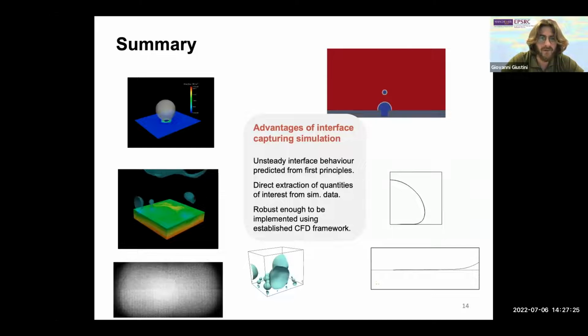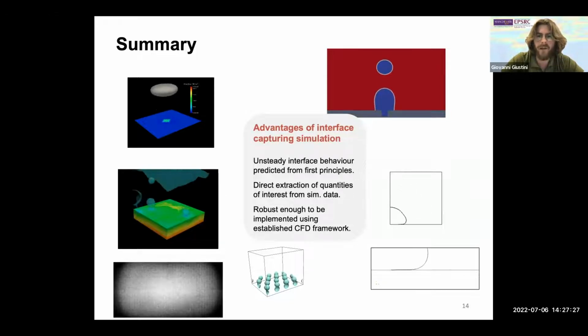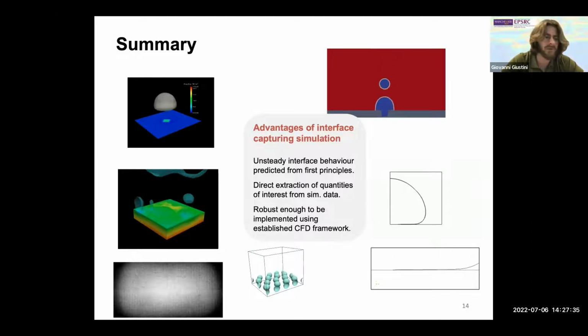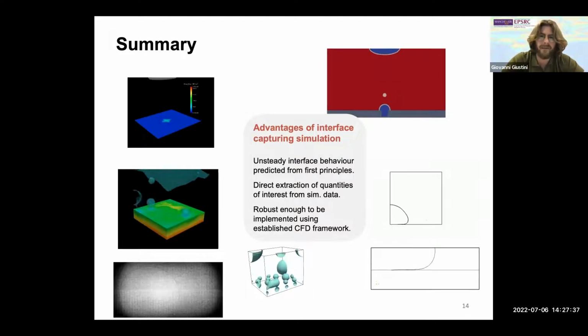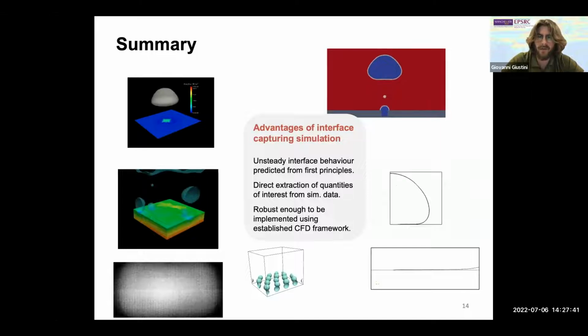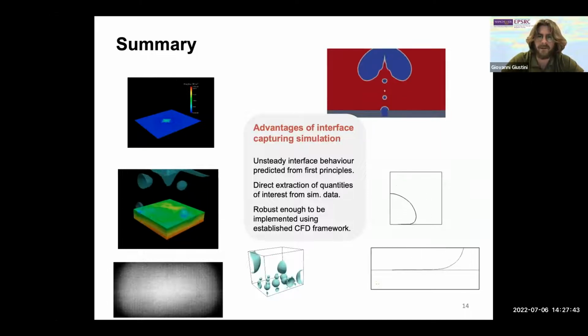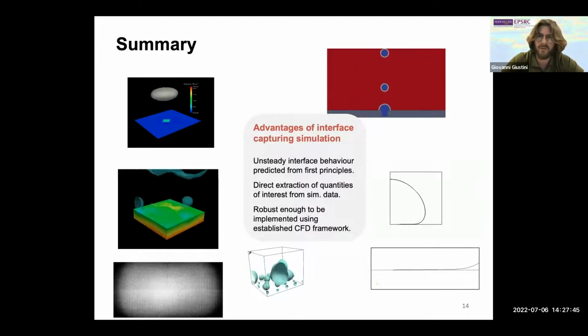with interface capturing CFD and its application to boiling, we can capture the unsteady behavior of a fluid interface from first principles, that is, by solving fundamental transport equations. And I have shown that we can directly extract quantities of interest from the simulation data, such as in that example of a bubble quench simulation.